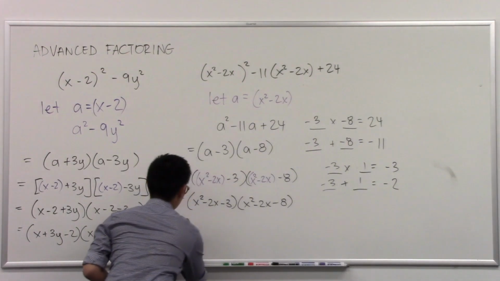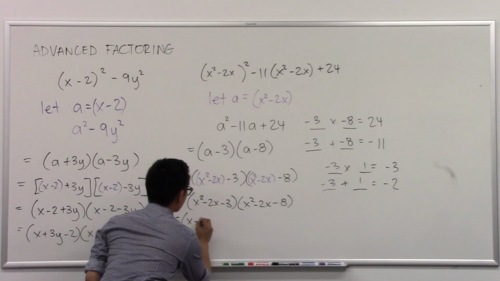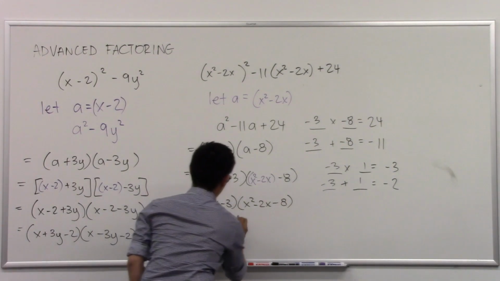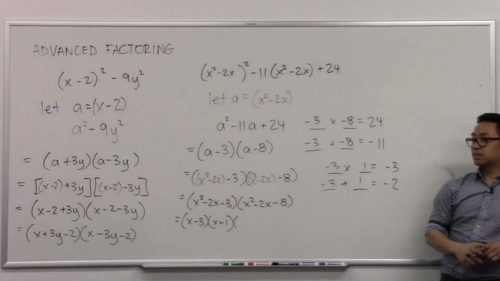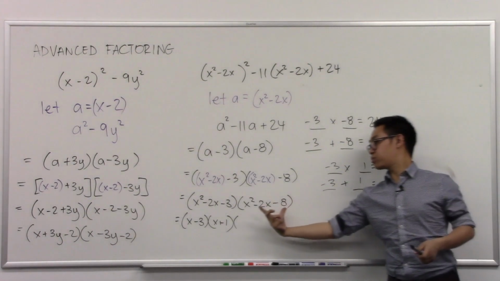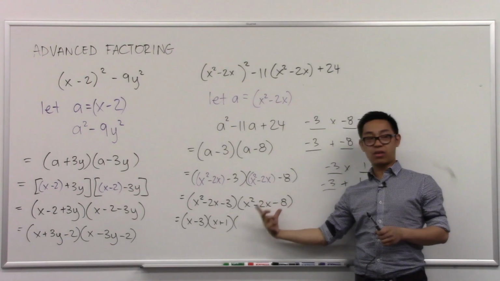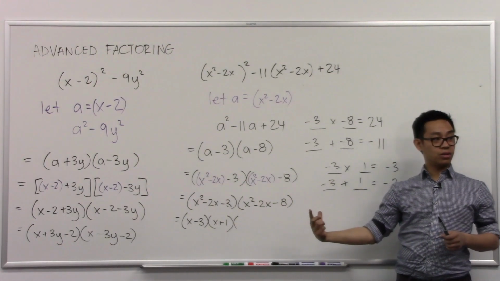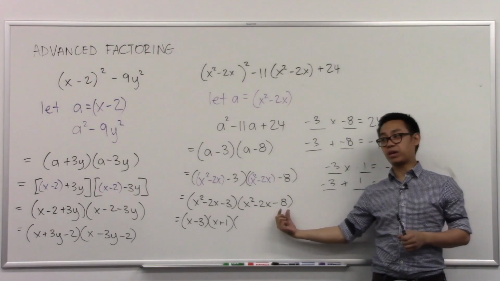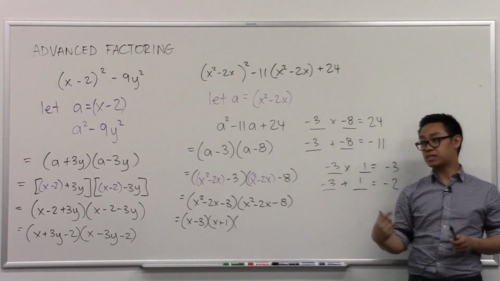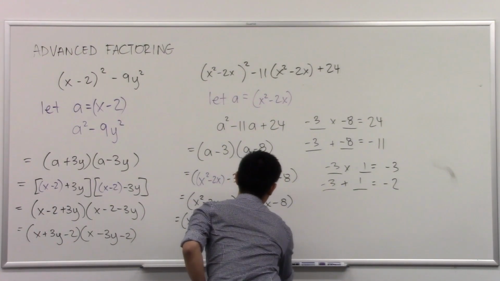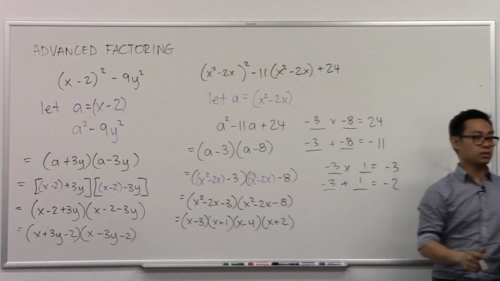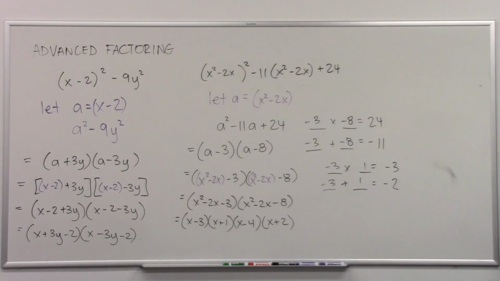So I get x minus 3, x plus 1. And then this also factors. It's another easy trinomial. You can find two numbers that make -8 and add to -2. It's -4 and +2. So you get x minus 4 and x plus 2. That's the final answer.